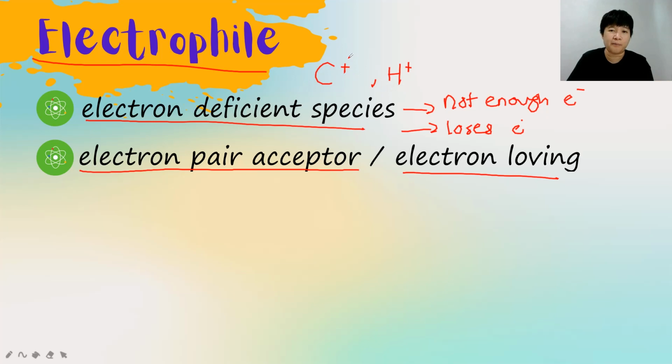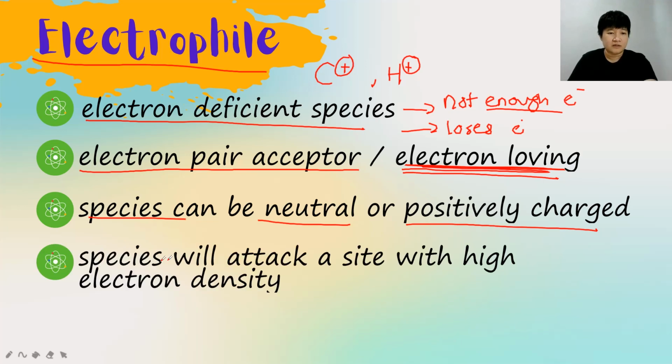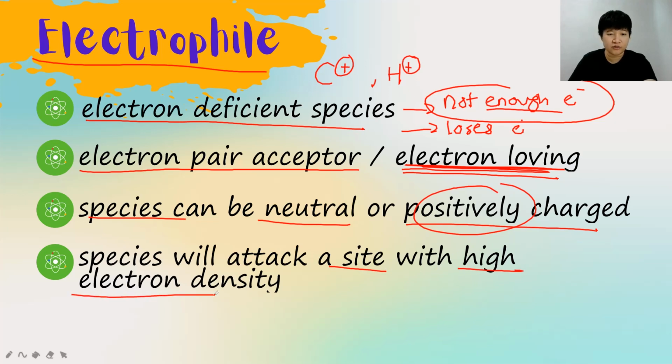So when you are positively charged and you don't have enough electron, you will always be the electron loving guy. You will love the electron. The species can be neutral or positively charged; positively charged is the most obvious electrophile. Because this species is positively charged, or has not enough electron, it will always attack a site that has a high electron density.